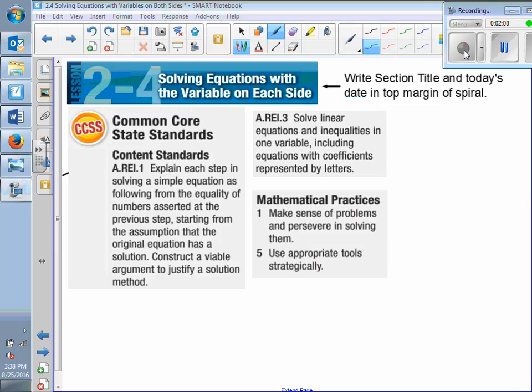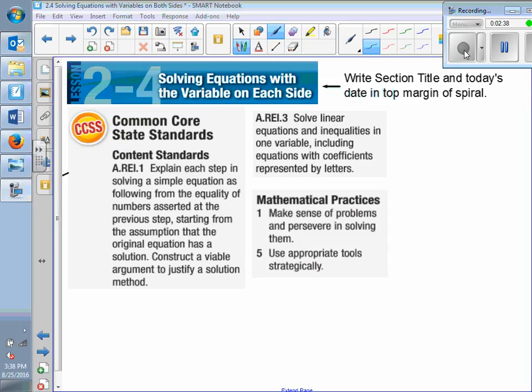All right, so today's lesson is section 2.4. We probably will not be able to finish because of the pictures. Section 2.4 is solving equations with variables on both sides. Okay? And here we're going to solve linear equations and inequalities in one variable that include equations with coefficients represented by letters on both sides.